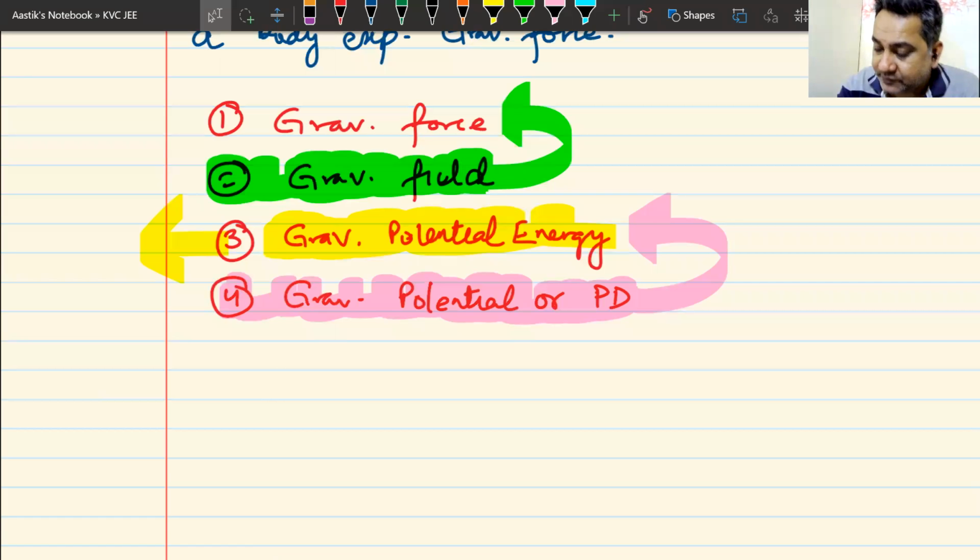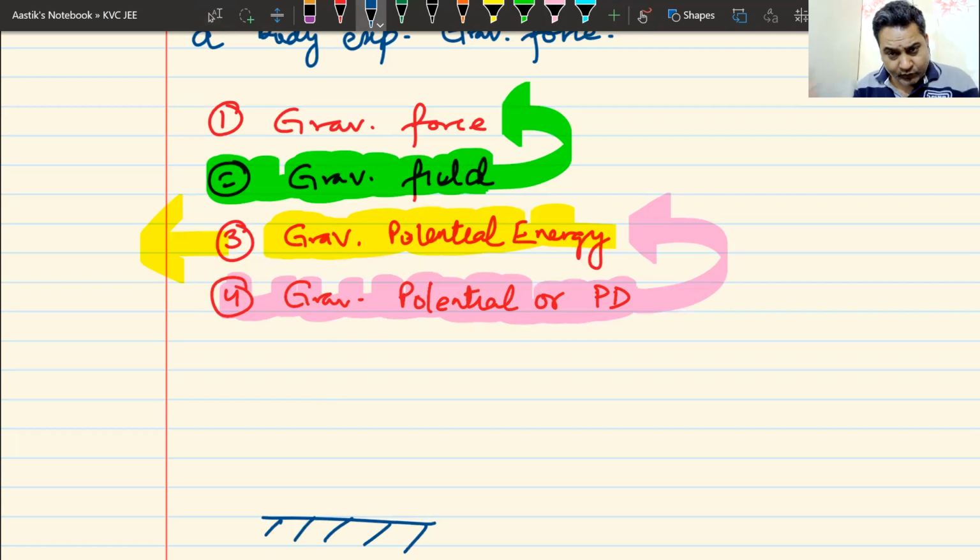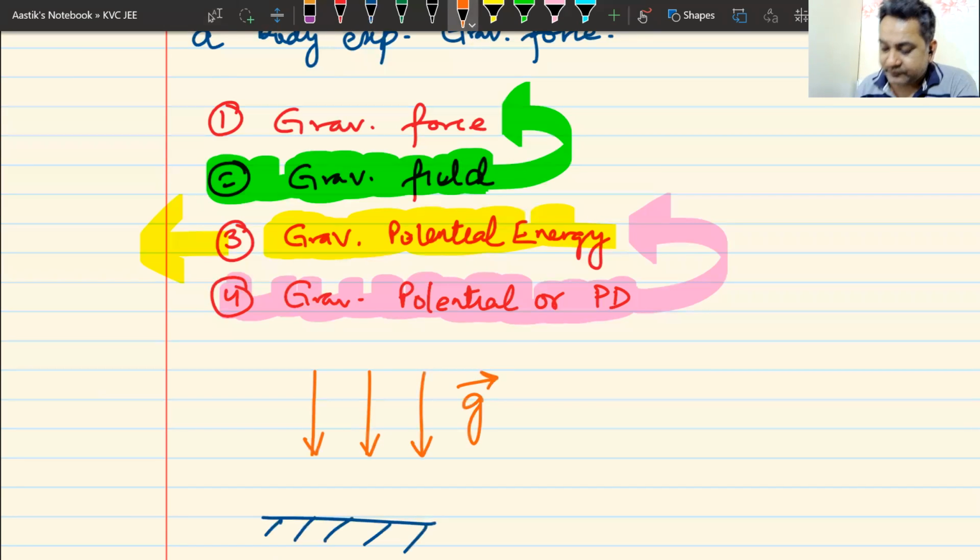So let us take that this is ground. Earth is creating a gravitational field. Let us say, which is not exactly correct, that the gravitational field of Earth, denoted by G vector, is vertically downwards. This G vector is a vector.